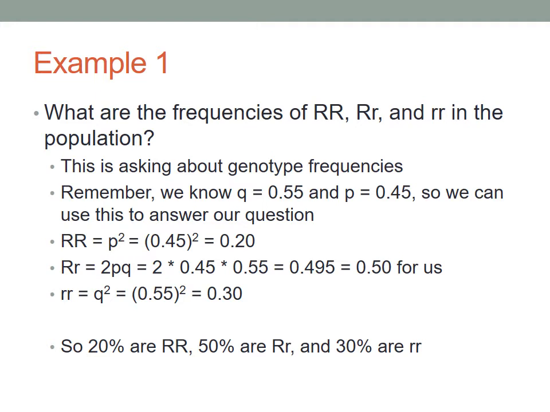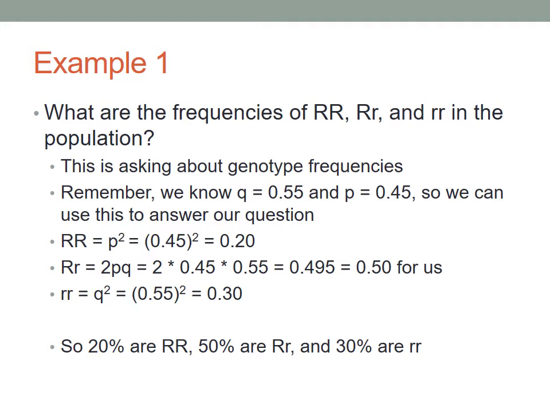And if you remember from that last slide, we discovered that Q was 0.55 and P was 0.45. Now we can answer this question because our Hardy-Weinberg equilibrium equation, P squared plus 2PQ plus Q squared equals 1, that's how we get our genotype frequencies.